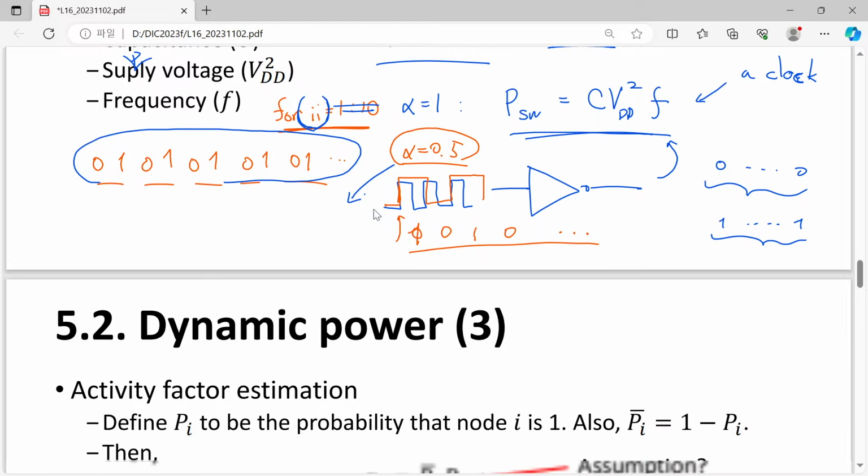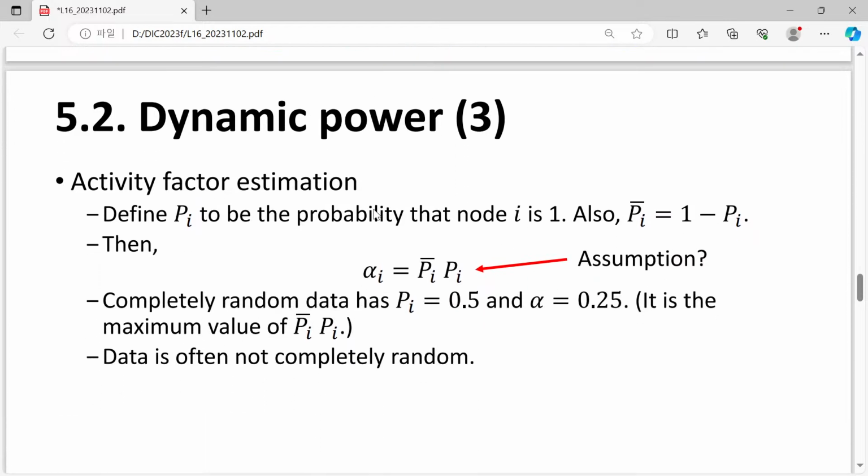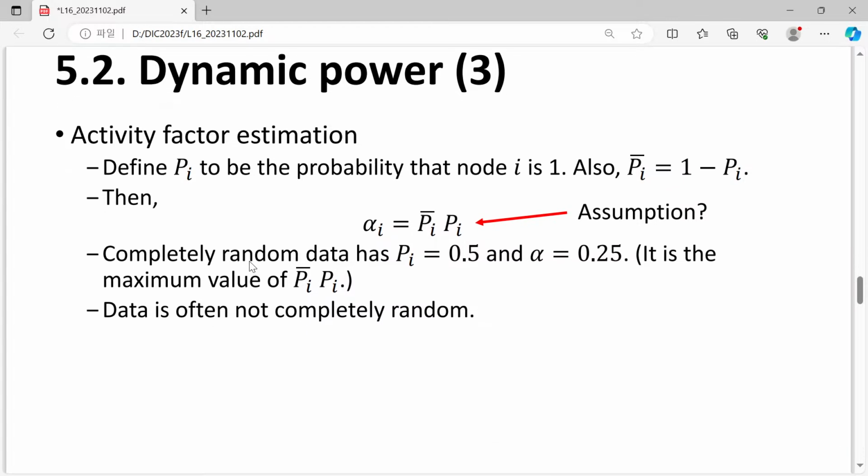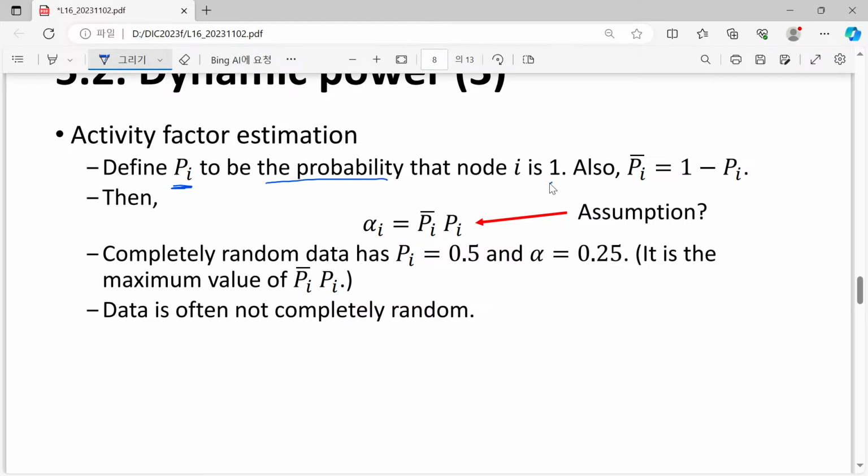So now we want to talk about how we can estimate this activity factor. So now let's say that p is the probability that a certain node is 1, and p bar is the probability to have the value of 0.